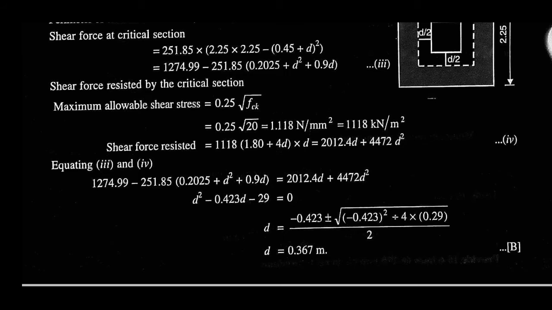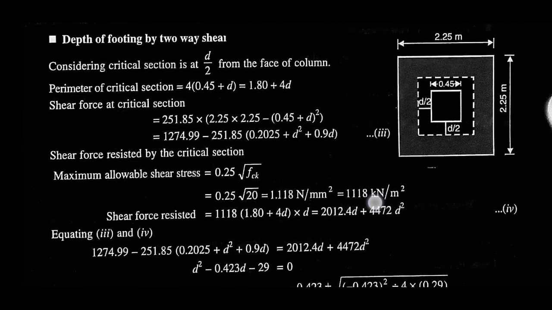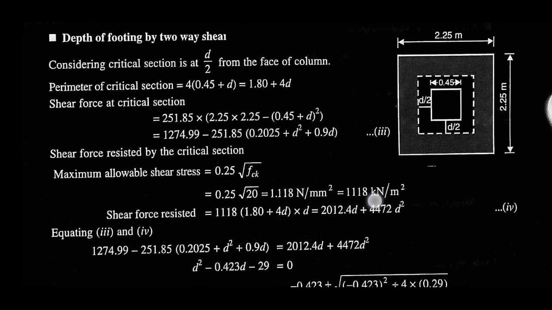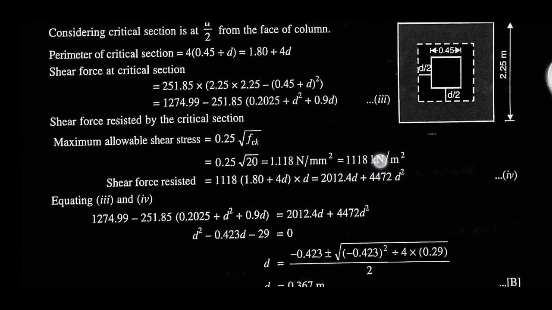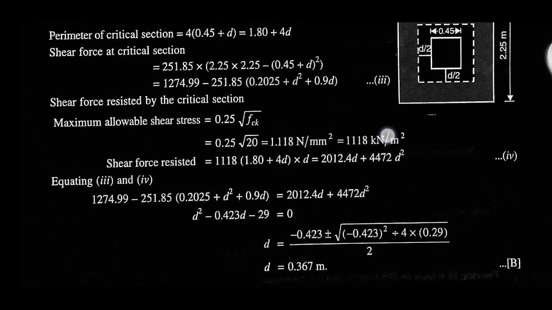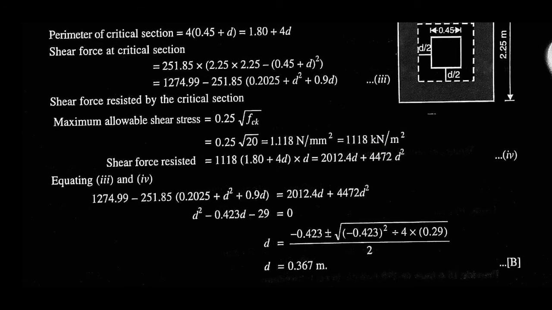From this we can calculate d, that is equals to 0.367 meter or 367 mm. So by two-way shear criterion or punching shear criterion, we get the value of d is equals to 0.367 meter. Now we have to go to next step.